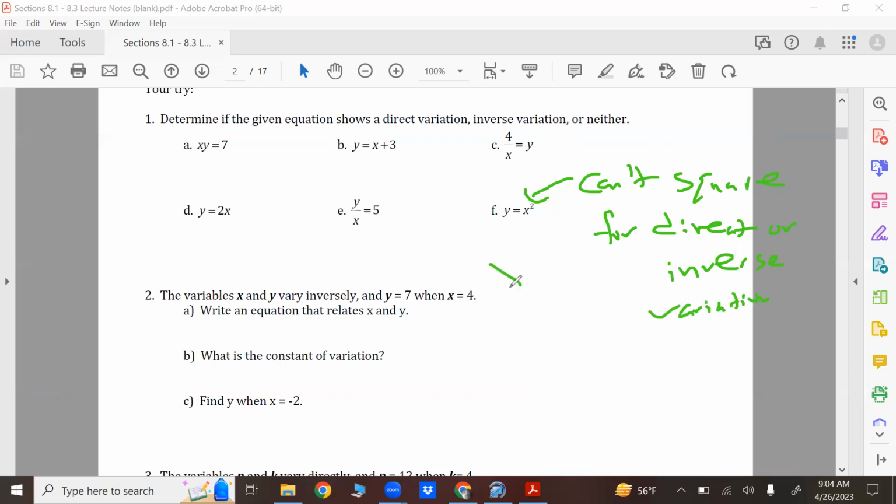Plus, if you made a table, right? What if we did 1, 2, and 4? What if they're both squared? Actually, if they're both squared, then it would be back to linear or back to direct, because you square root. But like, what's the ratio here? 1 to 1. What's the ratio here? 1 to 2. What's the ratio here? 1 to 4. Different, right? The product's 1, 8, 64. Forget it.